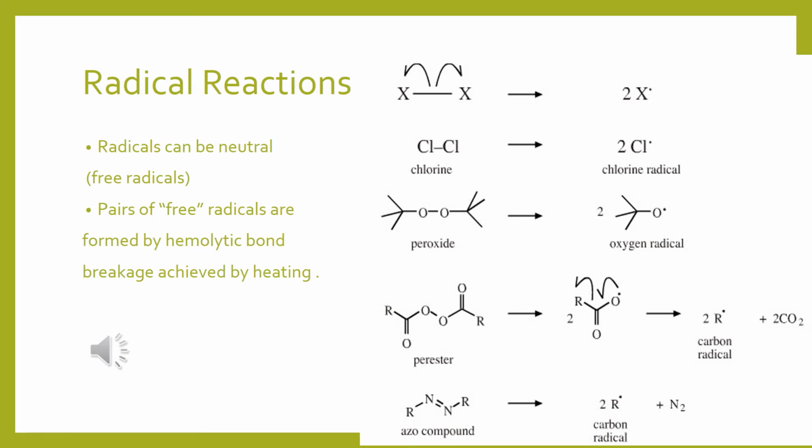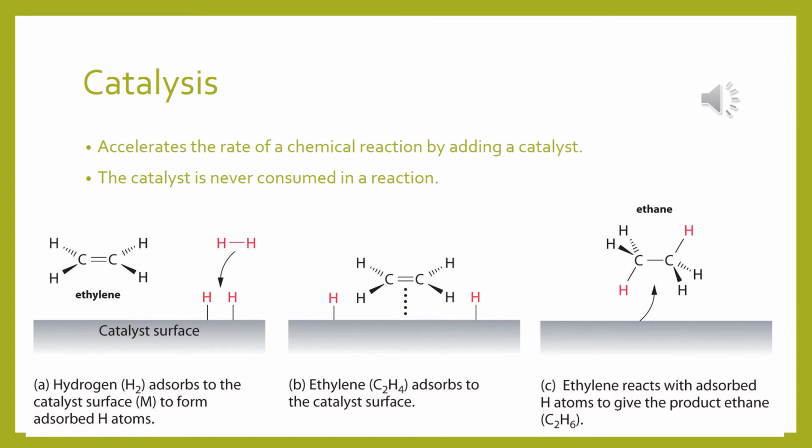Radical reactions. Radicals can be neutral, also referred to as free radicals. Pairs of free radicals are formed by homolytic bond breakage achieved by heating. Catalysis accelerates the rate of a chemical reaction by adding a catalyst. The catalyst is never consumed in the reaction.